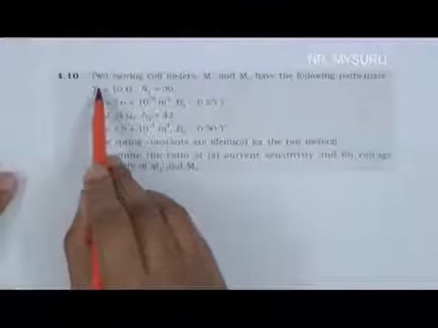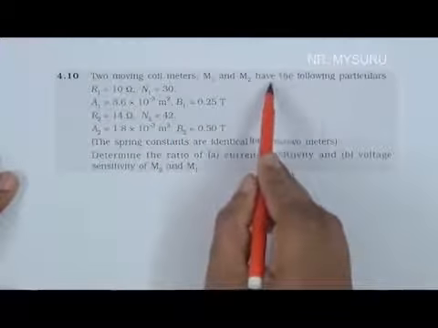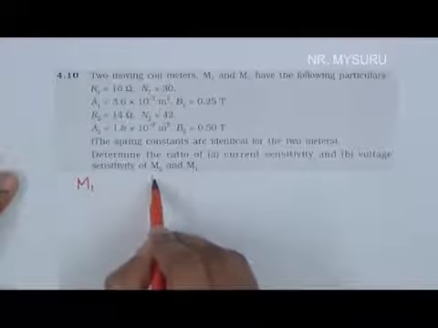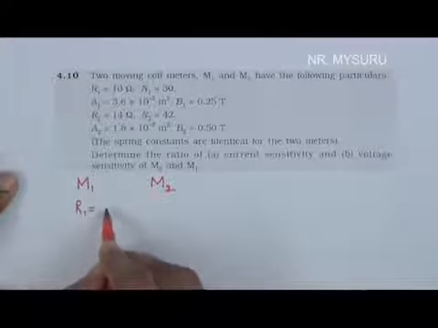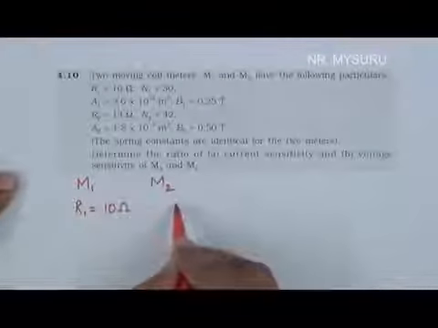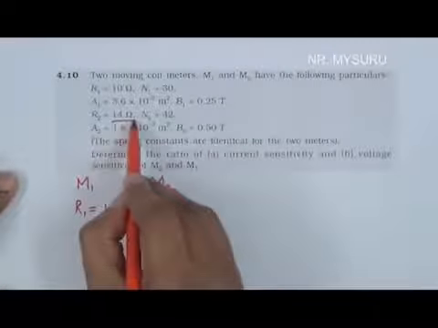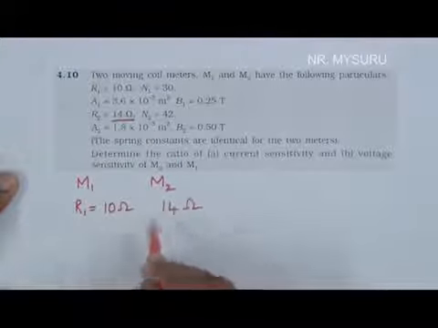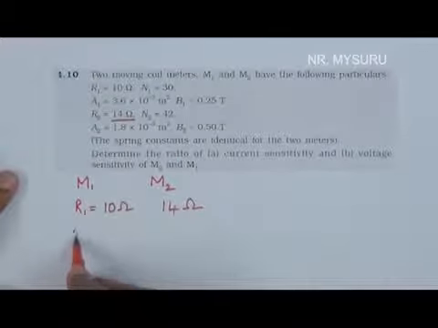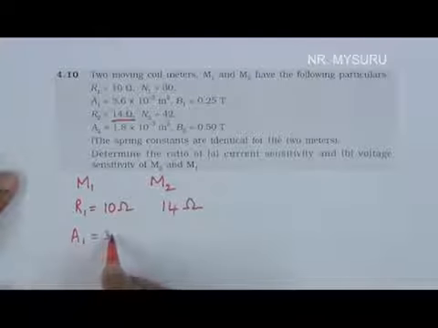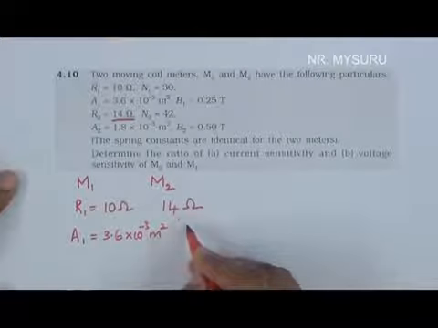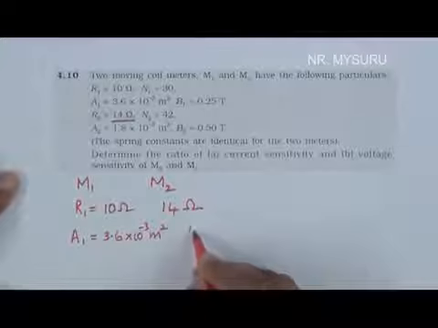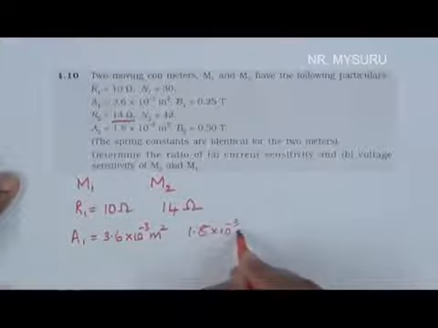10th problem. Two moving coil meters M1 and M2 have the following particulars. This is for M1, and this is for M2. The resistance is 10 ohm, and for the second coil it is 14 ohm. The area of cross section is 3.6 × 10⁻³ meter square, whereas for the second coil it is 1.8 × 10⁻³ meter square.